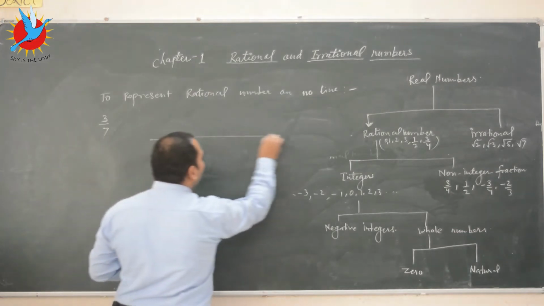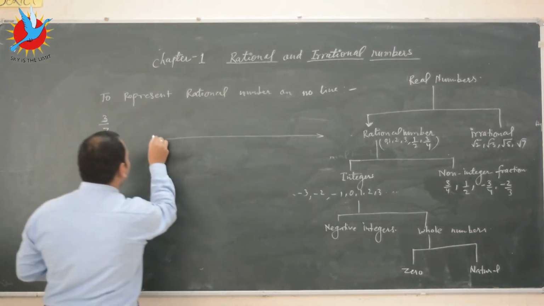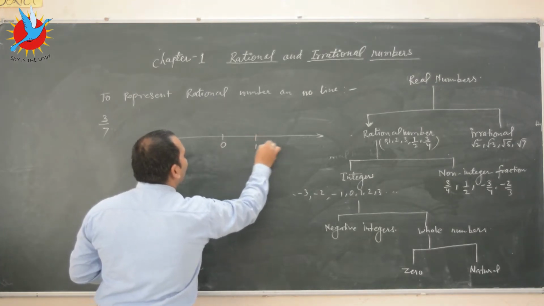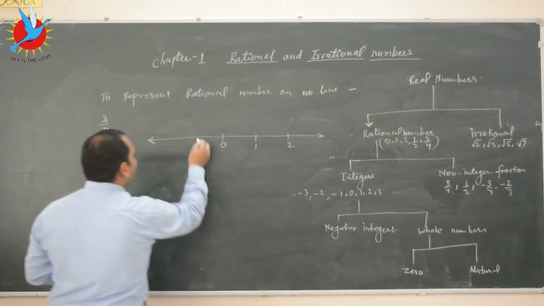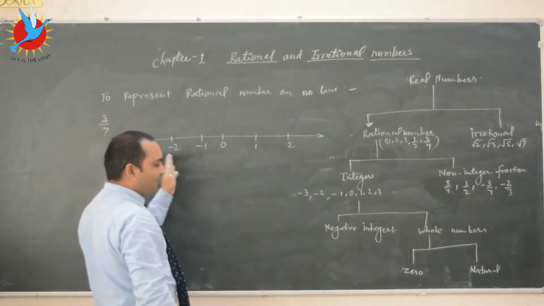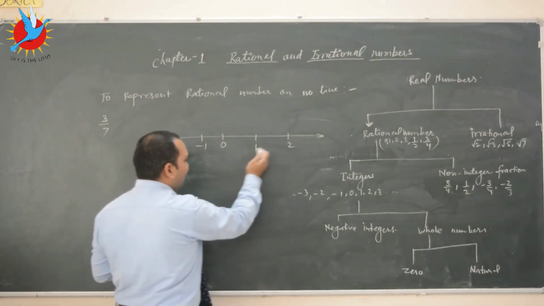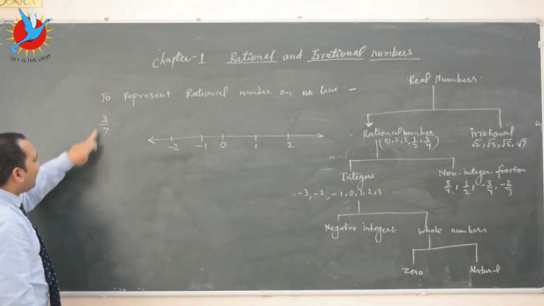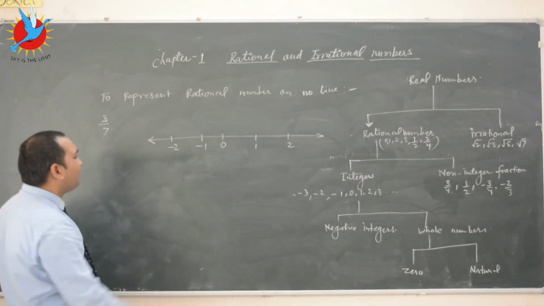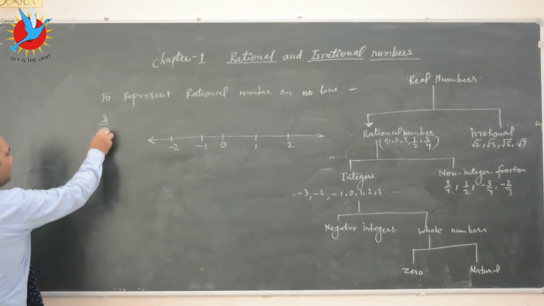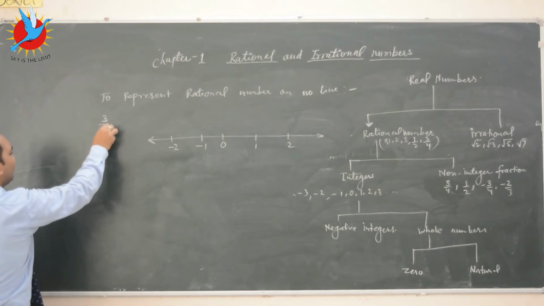First of all, we draw a number line, that is the real line, with 0, 1, 2, and -1, -2. The left side of 0 is negative and the right side of 0 is positive real numbers. So to represent 3/7, 7 is the denominator.